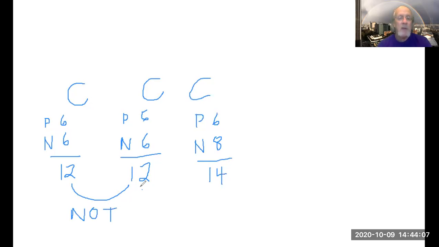These 2, they have the same number of protons, but a different number of neutrons. And so this little group, I'm going to do it this way, is an isotope. This pair of carbon atoms are isotopes of each other.